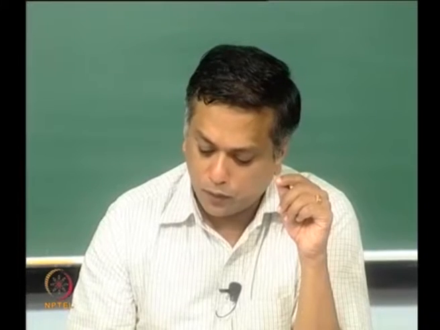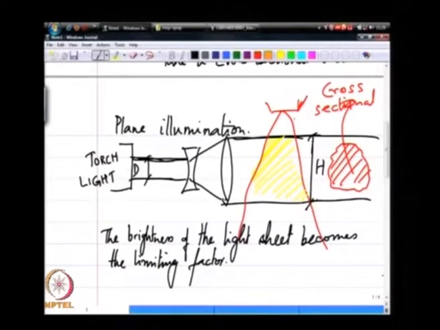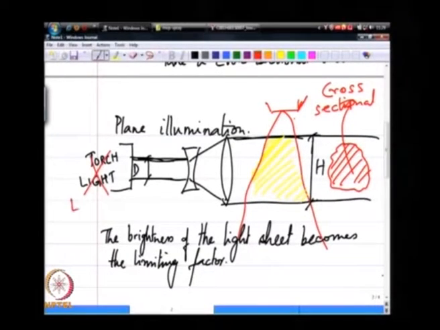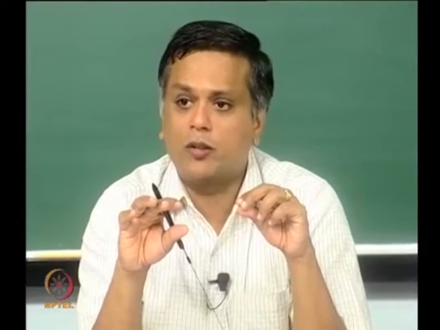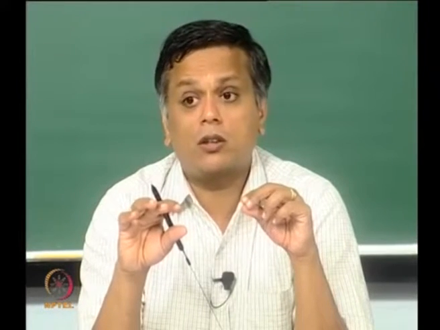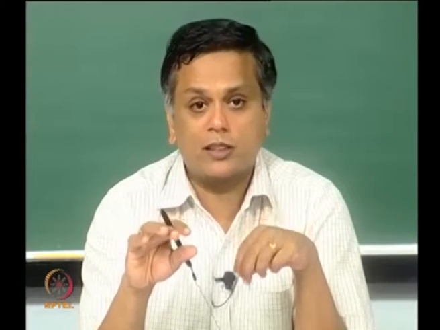So, if I create a light sheet just like I showed before, but this is now not a torch light but a laser, I can create a beam of diameter d. Now, typically the divergence of this beam is very small, but it is not zero.